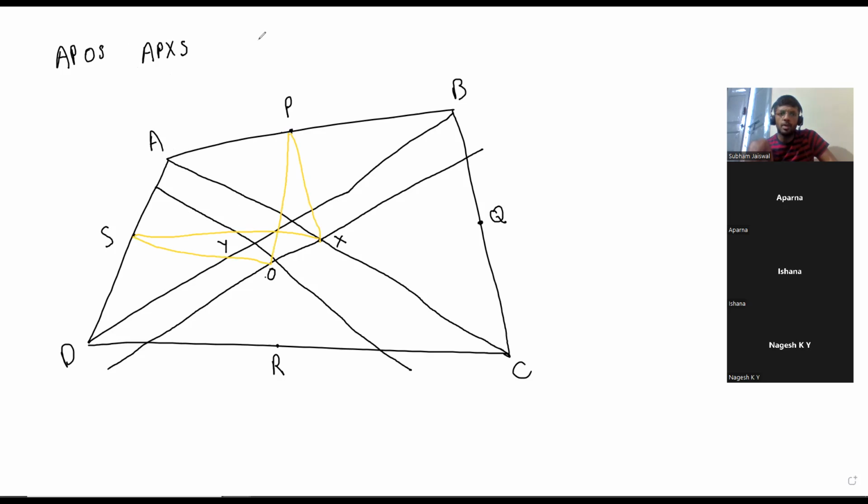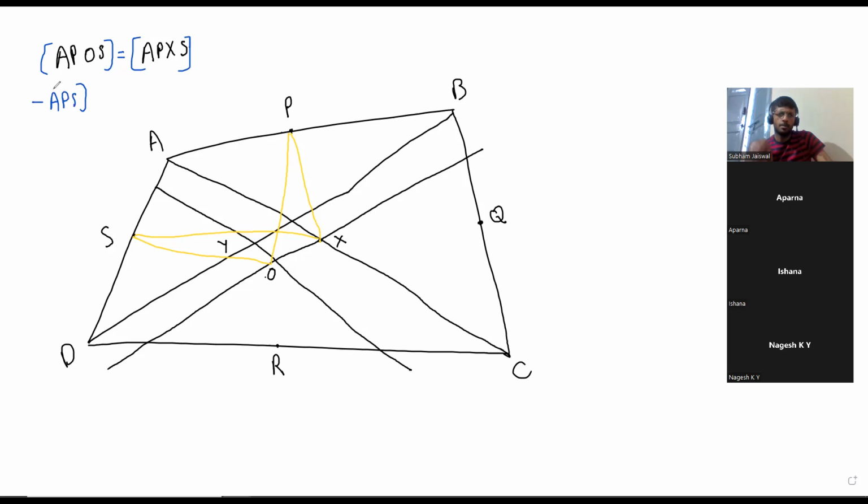So Ishana, can you explain how we did this part? Yes, sir. In the quadrilaterals APXS and APOS, we first subtracted the area of APS because it's common in both. Perfect.